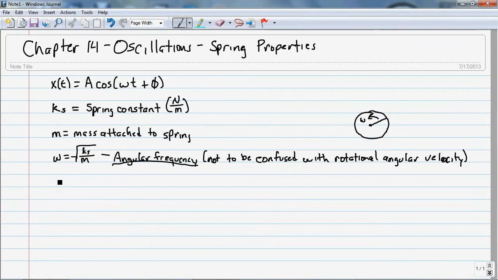Omega is equal to 2 pi times frequency, which means that frequency is 1 over 2 pi times omega, and omega is just the square root of k of the spring over the mass.